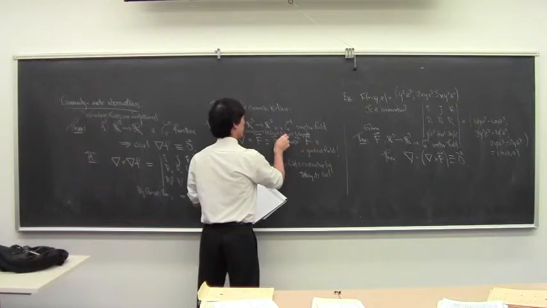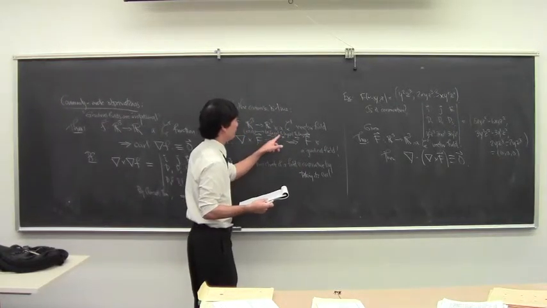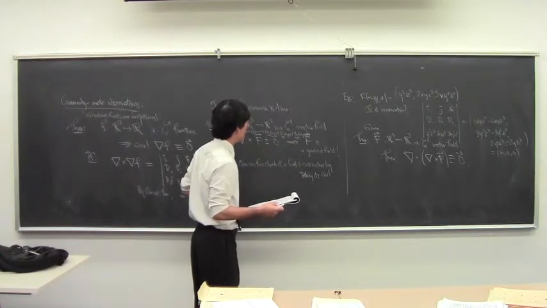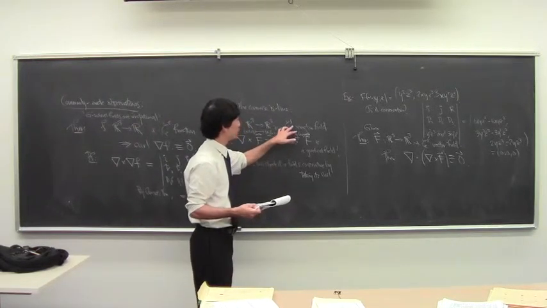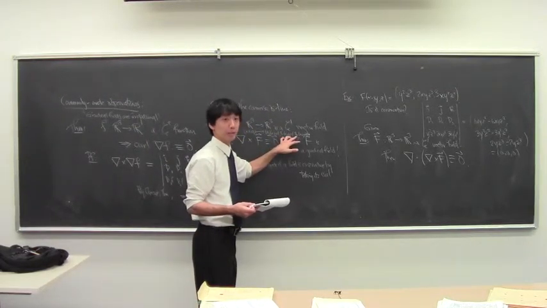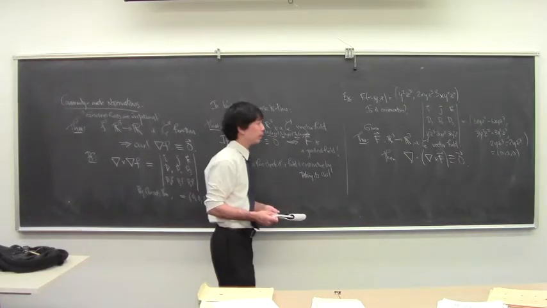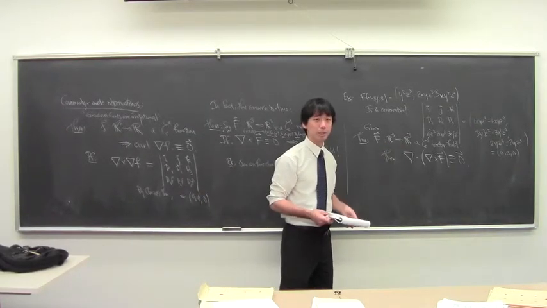All C1 is saying is that f1, f2, and f3 have first derivatives that are continuous. And here we're saying that the second derivatives will be continuous.